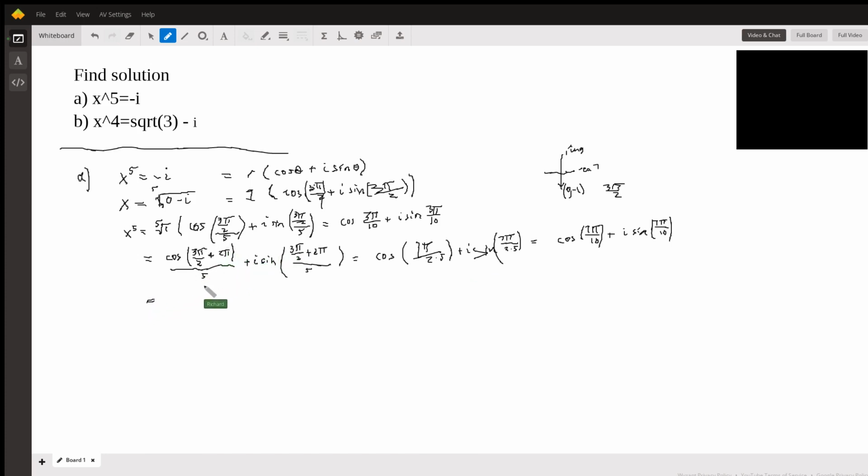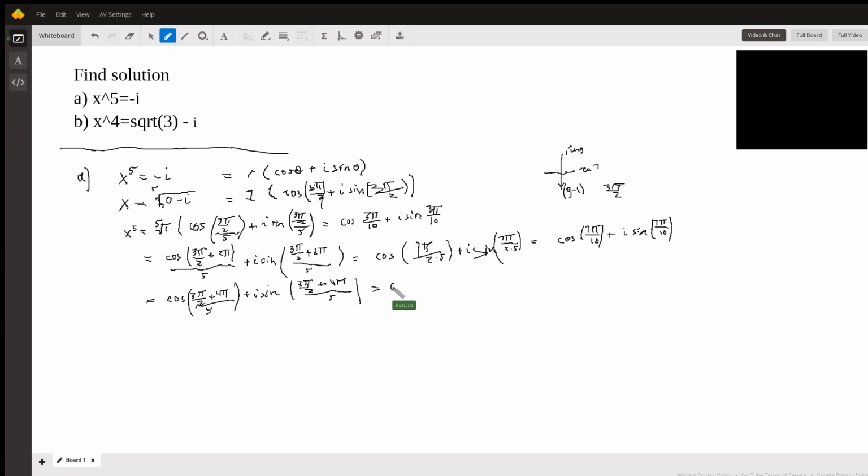Unfortunately, there are 5 of them altogether, so we'll do this again. Cosine 3 pi over 2, but this time it's going to be plus 4 pi, all over 5, plus i sine 3 pi over 2 plus 4 pi over 5.